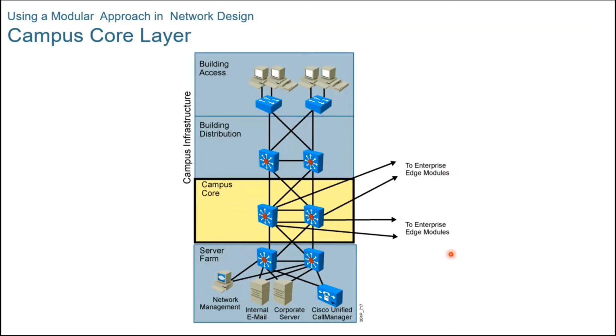So the campus core layer of the campus infrastructure module provides redundant and fast converging connectivity between buildings and with the server farm, okay, and the enterprise edge modules. So it routes and switches traffic as quickly as possible from one module to another. So these modules usually use multi-layer switches for high throughput functions with added routing, quality of service, and security features.